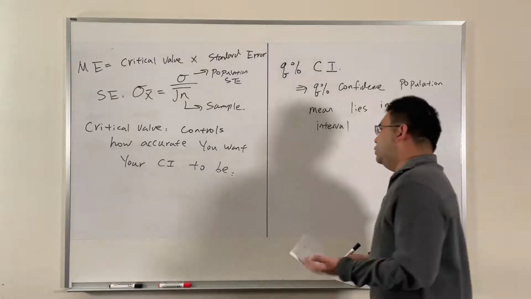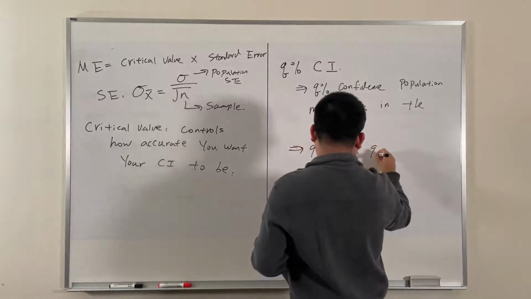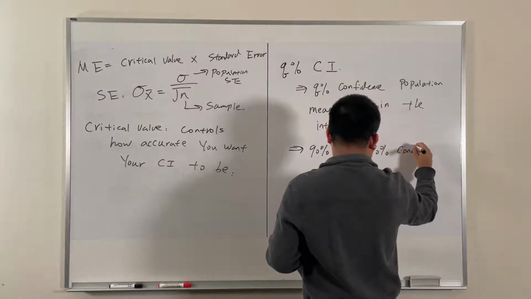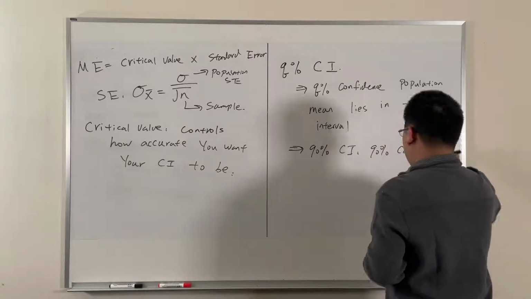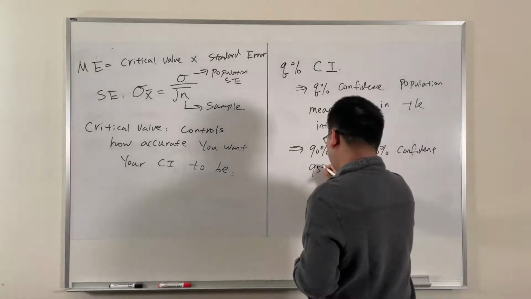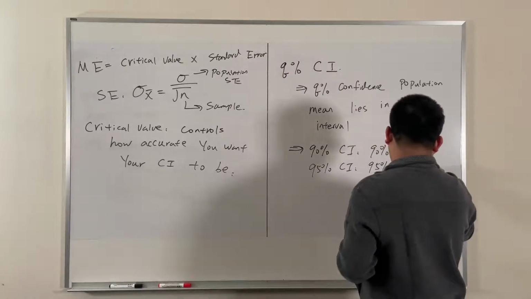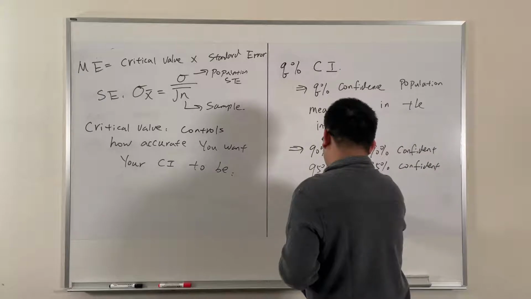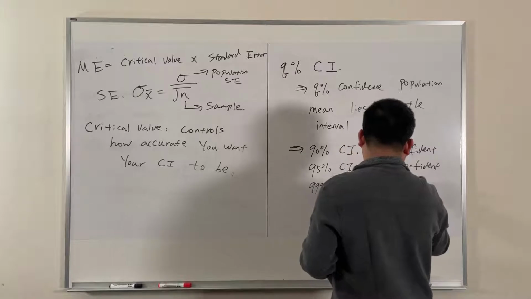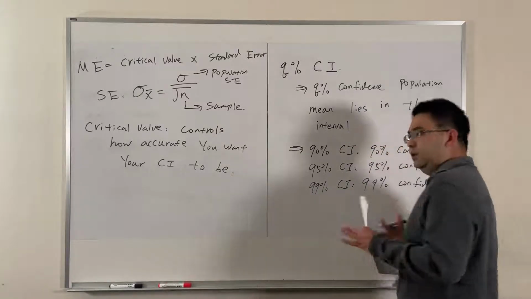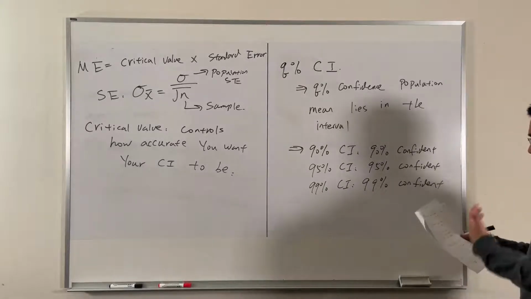We usually do a 90% confidence interval, that means you're 90% confident, and we also do a 95% confidence interval, that's 95% confident, and a 99% confidence interval, that's 99% confident. So the most often Q percent values you see are 90%, 95%, and 99%.